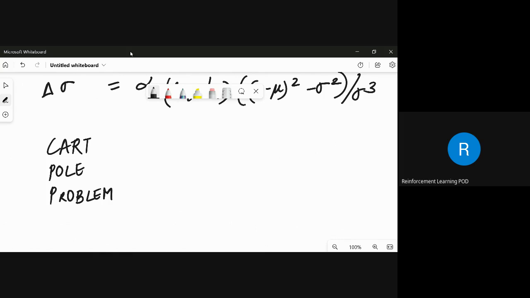So you define the reward such that whenever your stick is absolutely vertical, you get the highest reward. You want to allow the agent to figure it out.